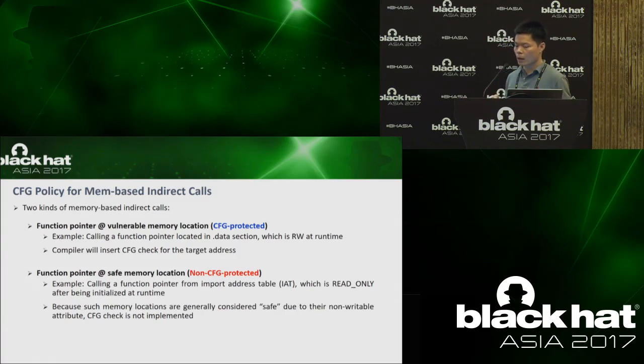Because the function pointer is read-only, even though CFG is turned on, the compiler would not insert a check function before this memory-based indirect call takes place. I'll give you an example of each case here.